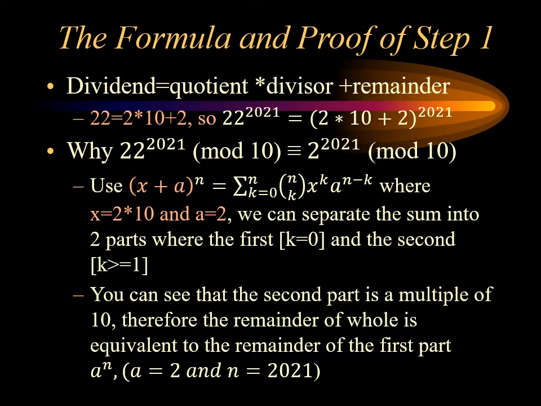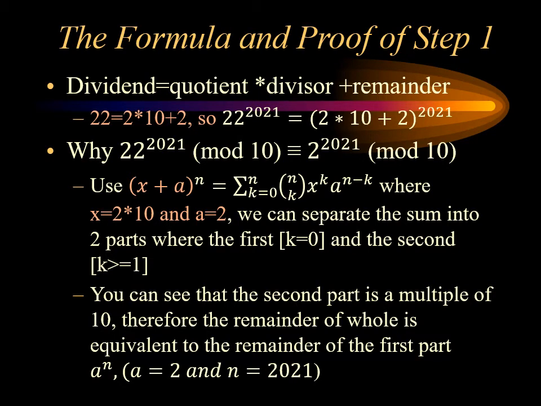And you can see that 22 to the 2021st power can be expressed as a big series of terms, that is a binomial expansion. So the formula is right there.